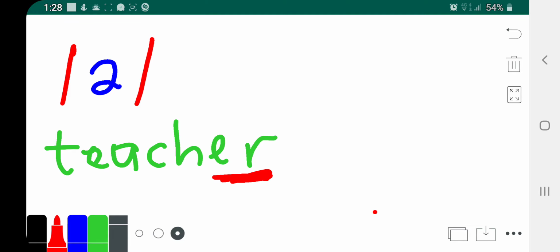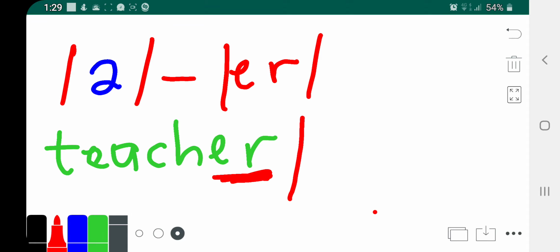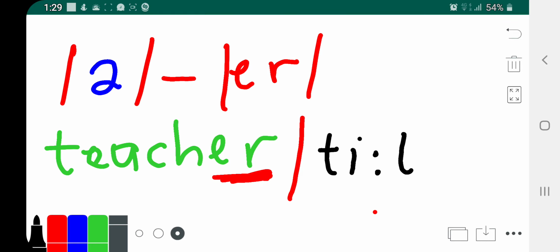So this one can be written as ER. Remember, ER. So this is grapheme and this is phoneme. Okay, ER. So we can write it this way. So if I want to write the IPA for teacher, it's going to be t. Remember the first one we did, the long A, T, then we have our T and the long snake ch.